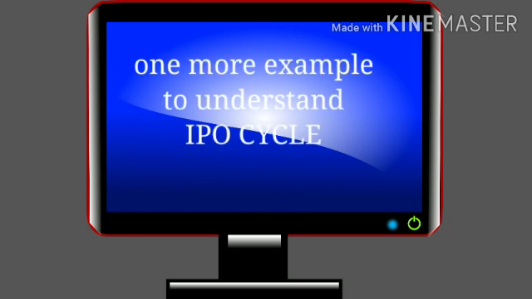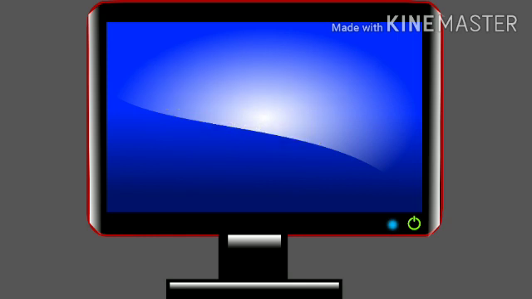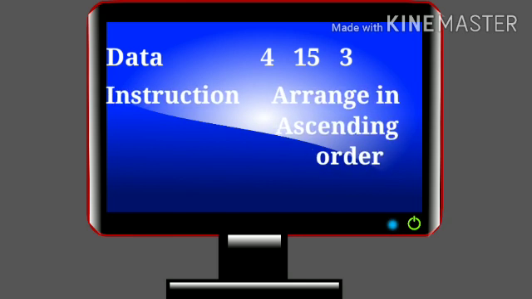Boys, I am taking one more example to make you understand the input, process, output cycle. In this example, 3 numbers are given as data and the instruction is to arrange in ascending order. We all know what is ascending order, from small to big.